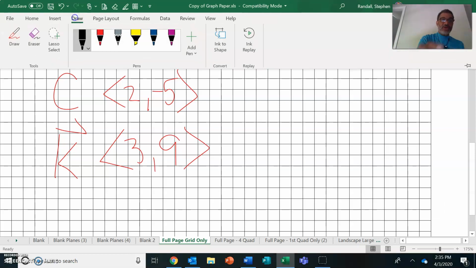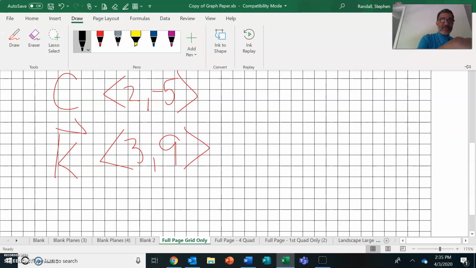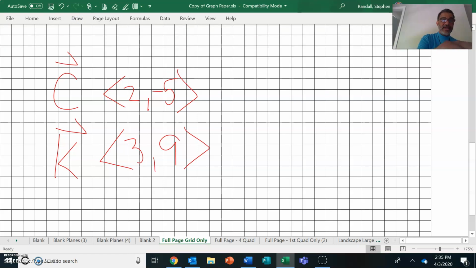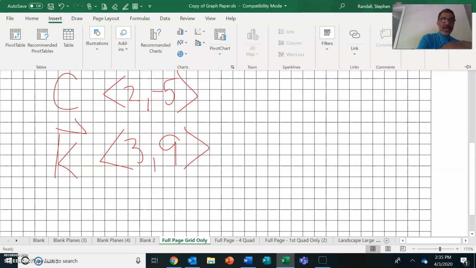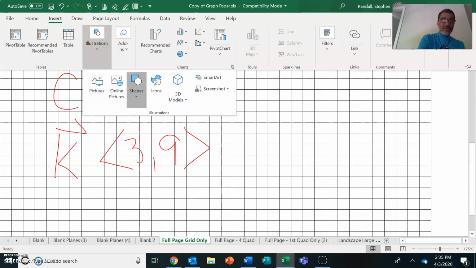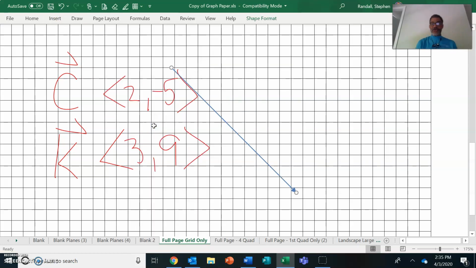Well, vector C, we're going to draw it. We have 2, -5, so I'm not going to draw it with that. I'm going to insert a shape, which is going to be a vector arrow, and I'm going to make it go over 2 and down 1, 2, 3, 4, 5.